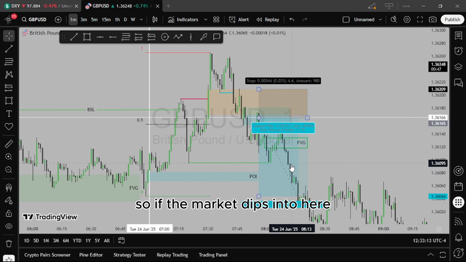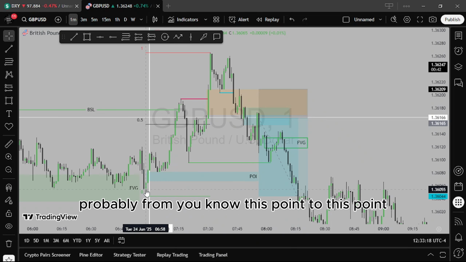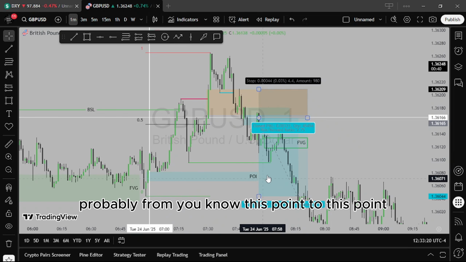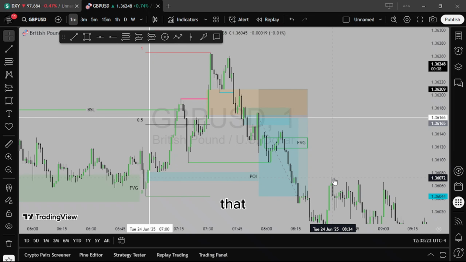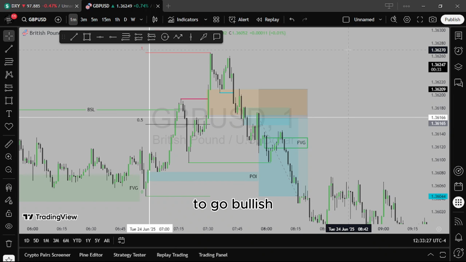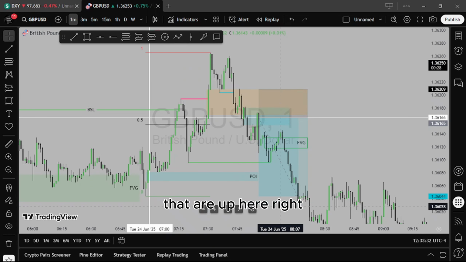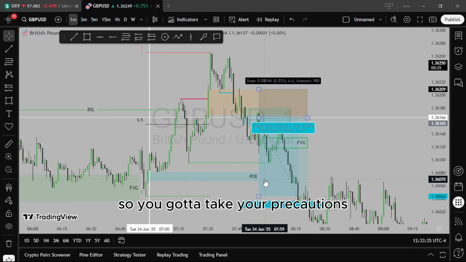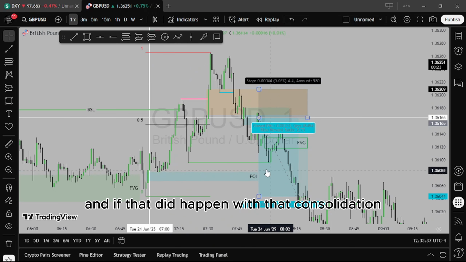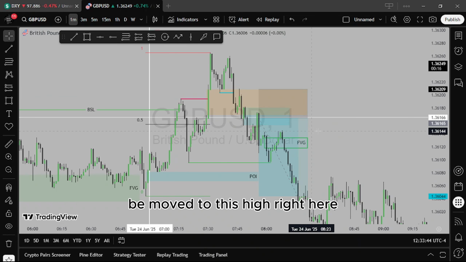If the market dips into here and starts to consolidate around this area, probably from this point to this point, I would highly anticipate a market structure shift to go bullish and potentially take out these equal highs up here. So you've got to take your precautions, and if that consolidation did happen, my stop loss would immediately be moved to this high right here.